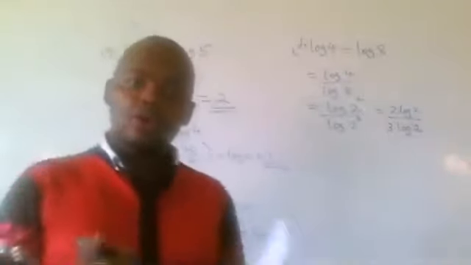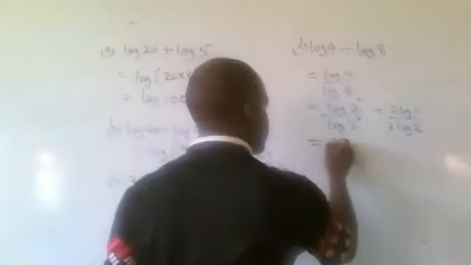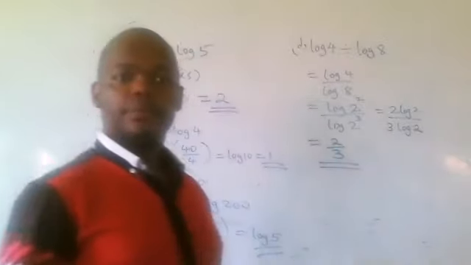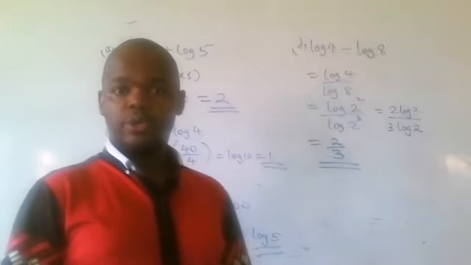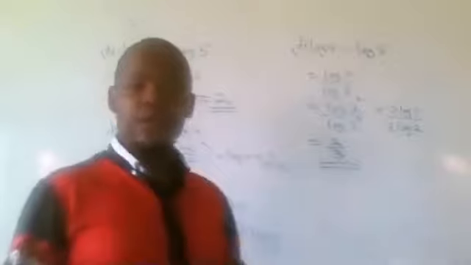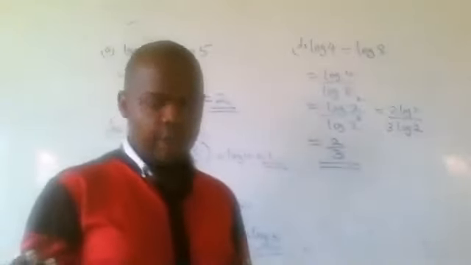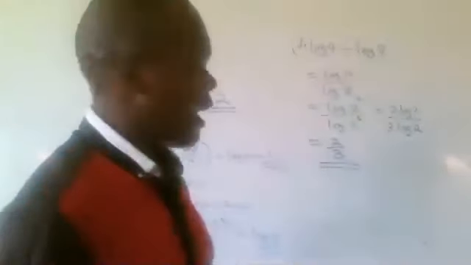Then the log 2 cancels and the answer remains to be 2 over 3. You don't have to cancel, just write it as 2 log 2 over 3 log 2, and then write your answer as 2 over 3.